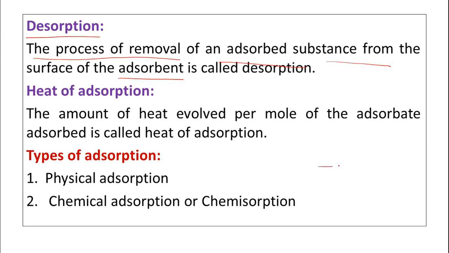Suppose on the nickel surface, some hydrogen gaseous molecules get adsorbed. They are not permanently adsorbed, so some of the molecules leave the surface of the adsorbent. So desorption is the opposite of adsorption.